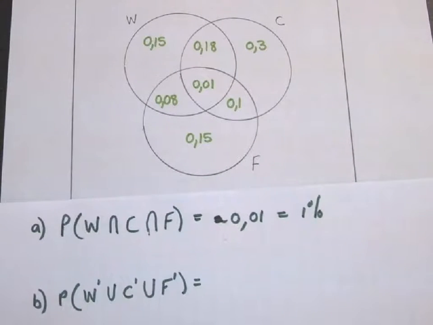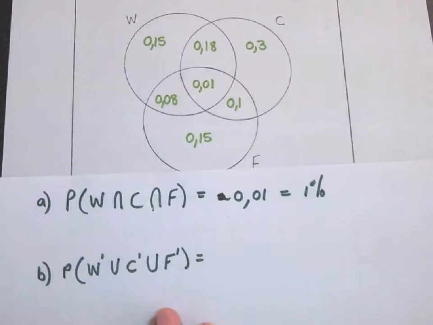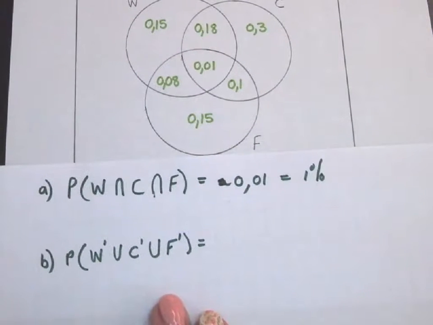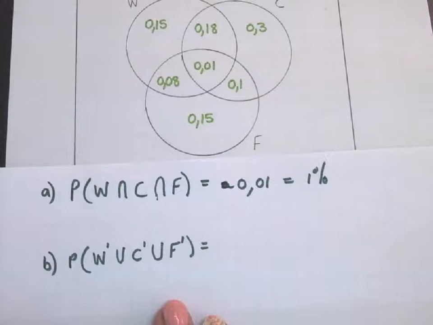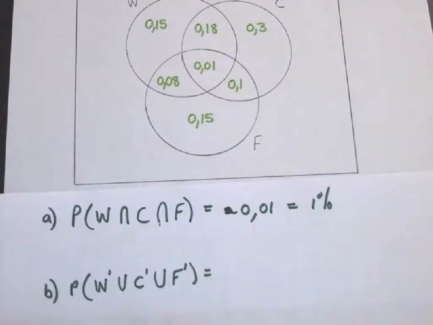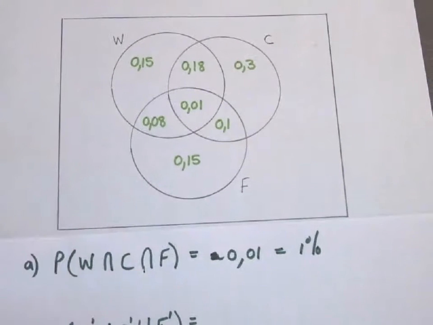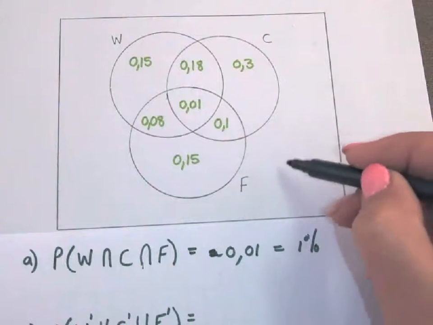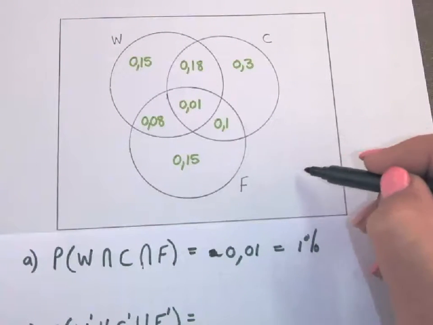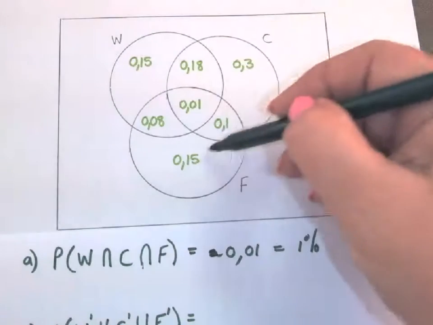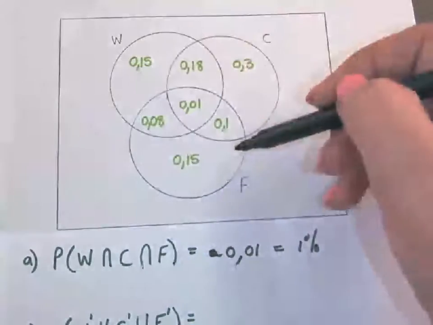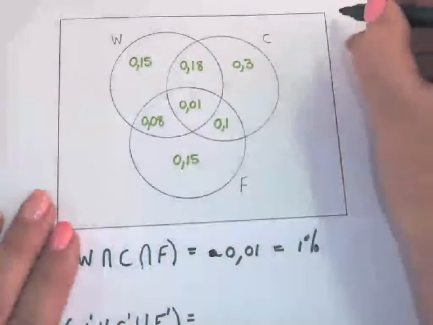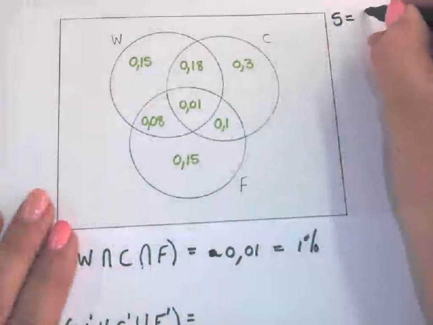Number B. I'm looking for none of the above. Okay. That means no sweetie, no chocolate, no fruit. So I'm actually looking for the probability here. How do I get that one? You take the sum of the total of these and minus it from 1 because my sample size is 1.